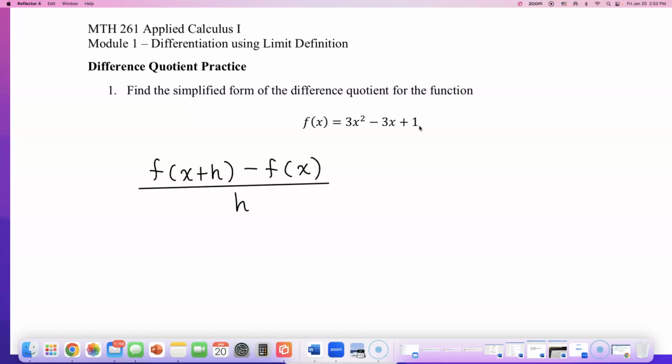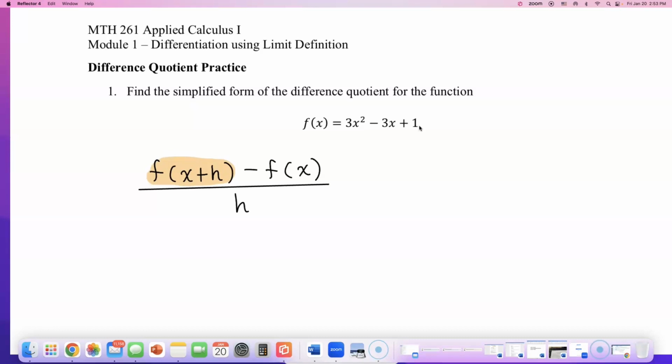Let me start with the first piece, f of x plus h. That's simply plugging in x plus h into every x you see. I'm going to plug in x plus h there and x plus h there.